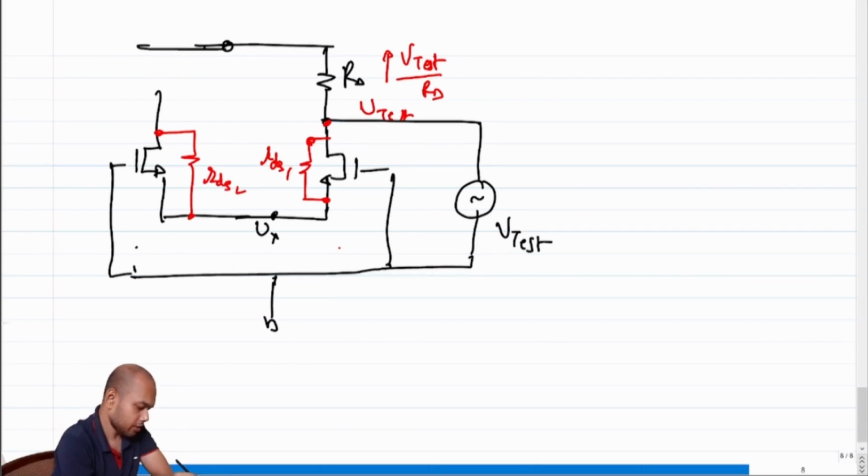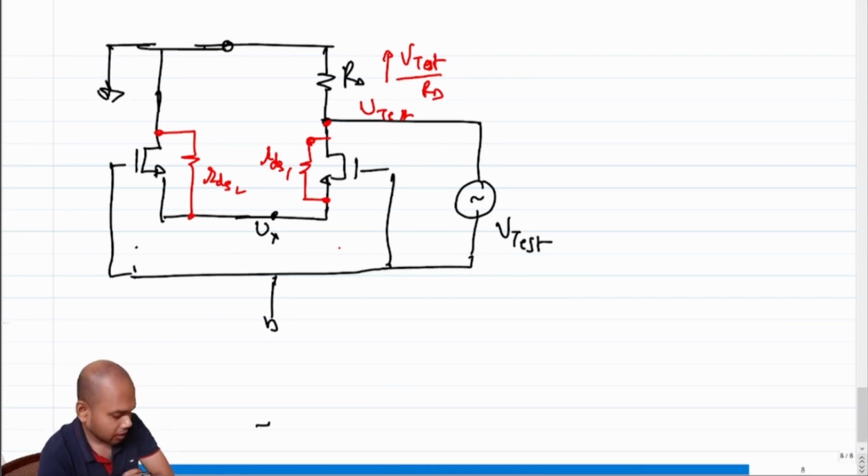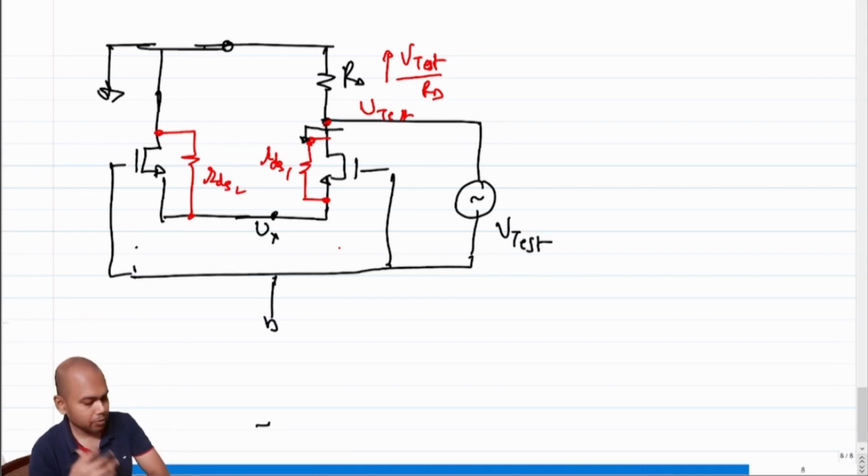This is shorted, so we don't need this, and this is also shorted. If we have to find out the impedance looking down, this seems to be a complicated structure. The moment something becomes slightly complicated, we break it down into smaller structures. That is the principle of engineering anyway.